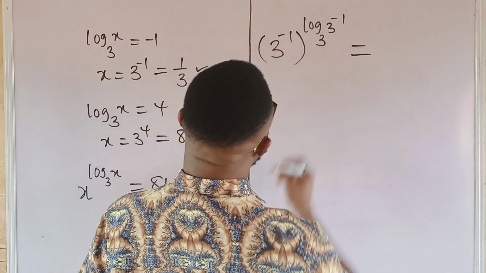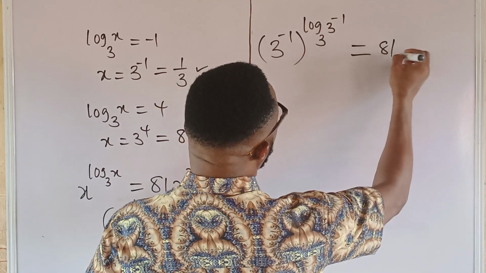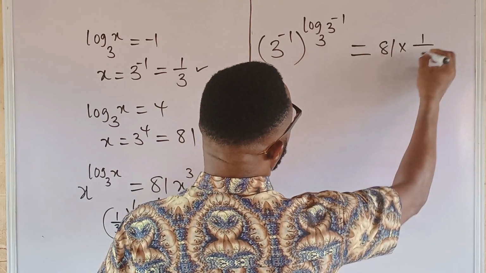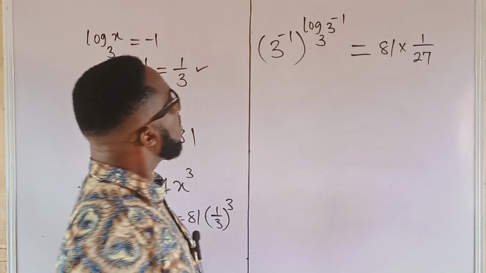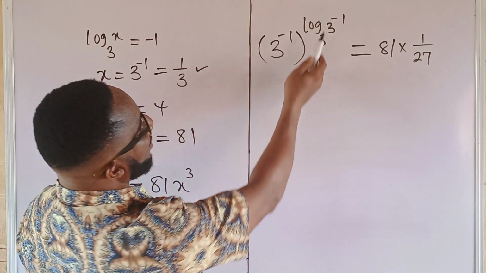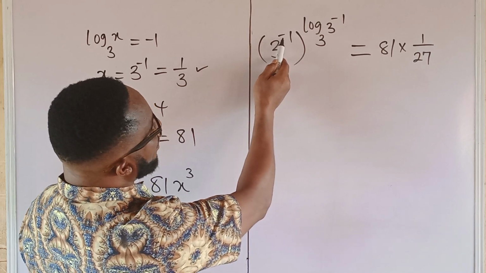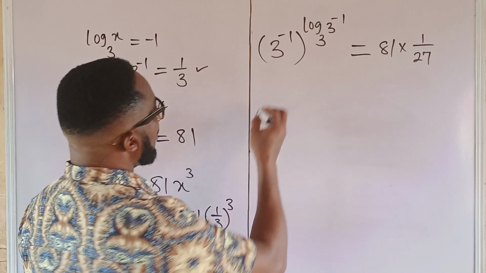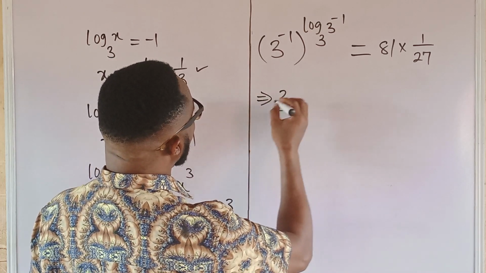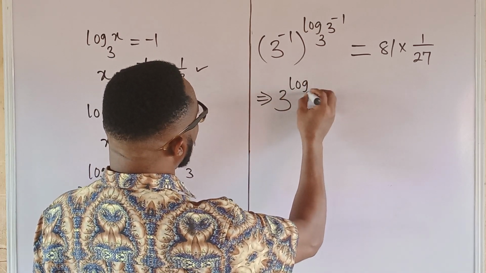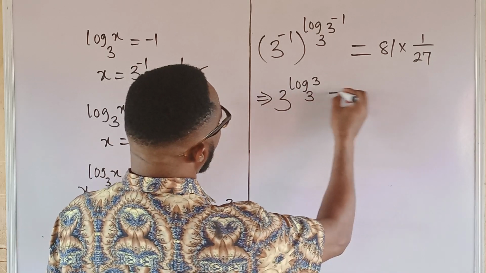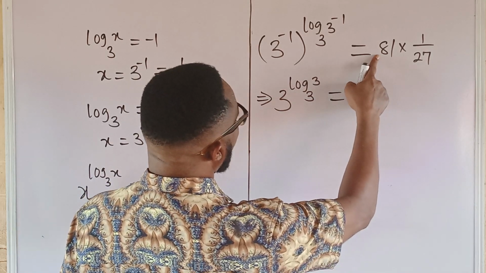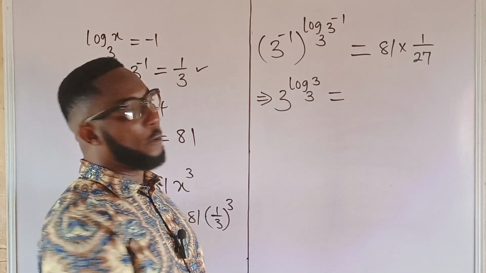On the right side, we have 81 multiplied by 1 upon 27. If this negative 1 multiplies this negative 1, we are going to be having a positive 1. So the left side is 3 to the log to base 3 of the argument 3, equal to the right side, 81 multiplied by 1 upon 27.